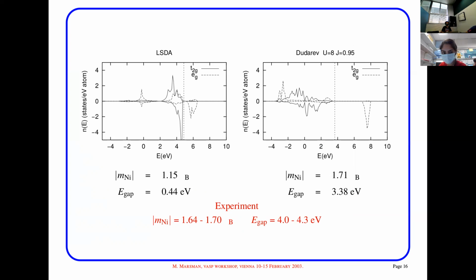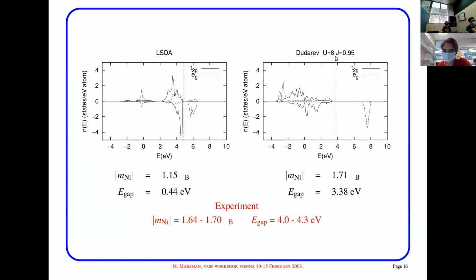You do all these tests, and for instance, here you can map the band gap versus the U that you are inserting. And you will reach an optimal value that makes your DFT calculation reproduce the experimental result in the best way. And that will be the U that you decide.